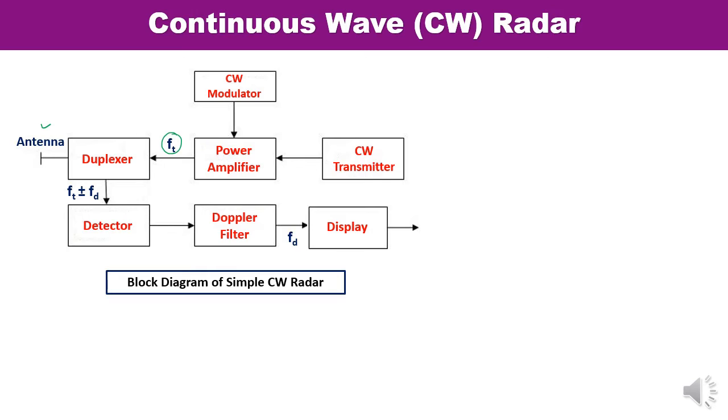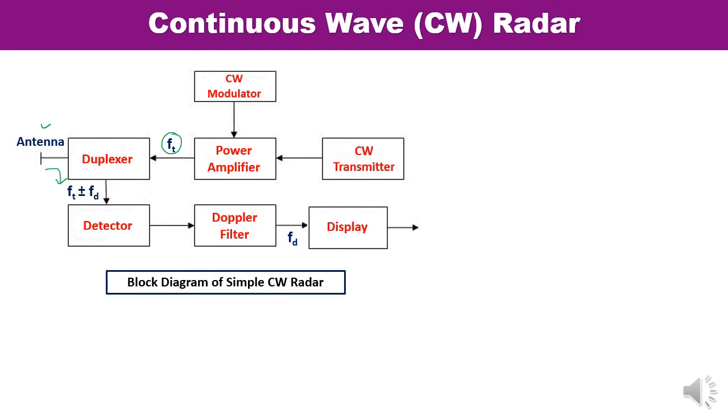A common antenna is used, as shown here, along with the duplexer. Via this antenna, energy will be transmitted, and the reflected energy will be received by the same antenna.